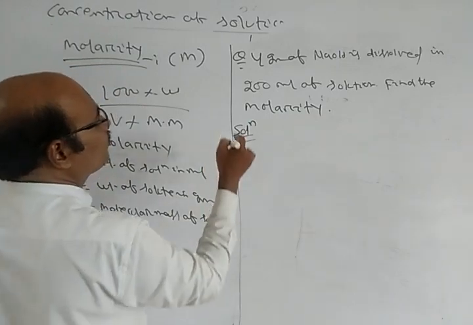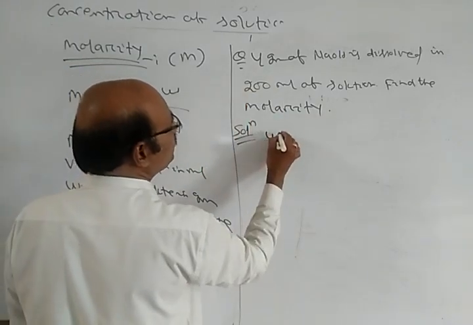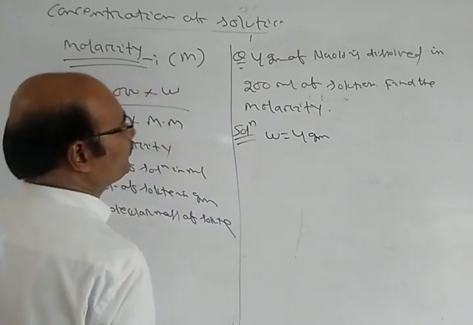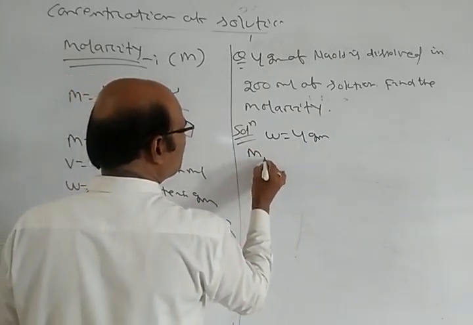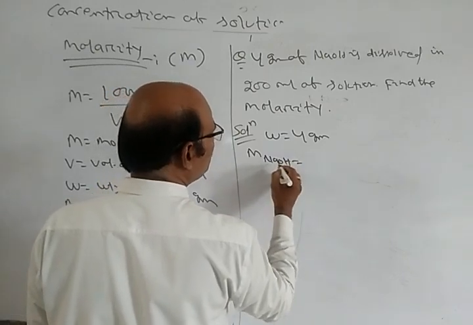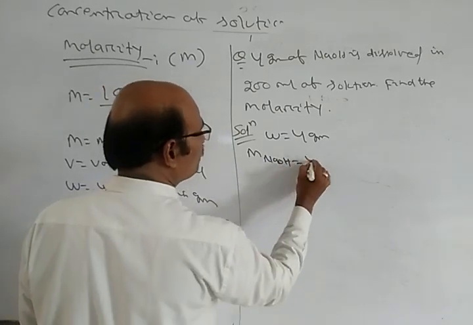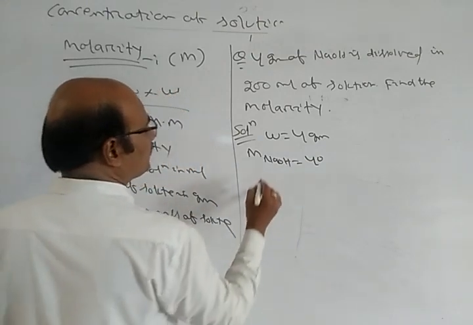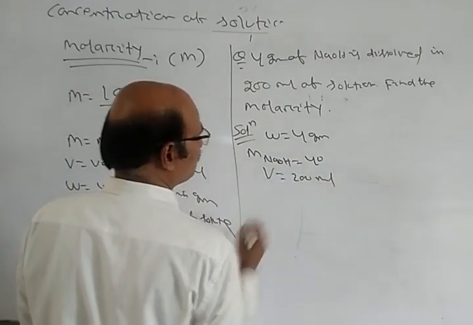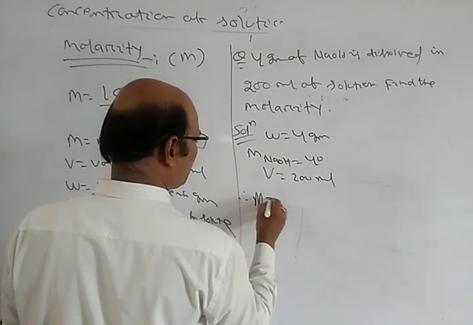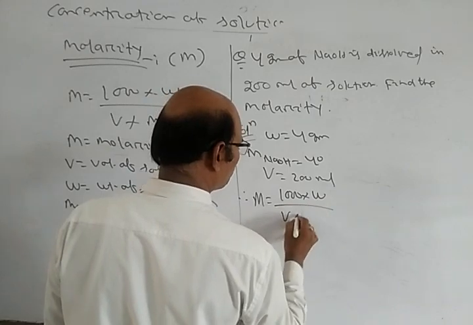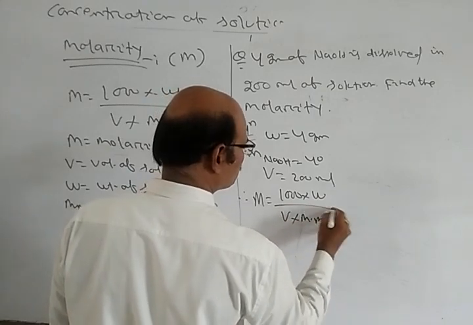Here, weight of solute W is 4 gram. Molecular mass of NaOH is 23 plus 16 plus 1, which is 40. Volume of solution V is 200 ml. Therefore molarity M equals 1000 into W by V into molecular mass.